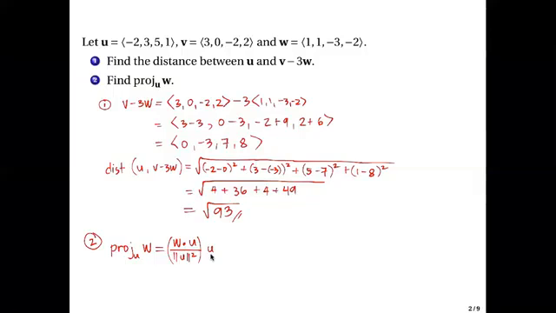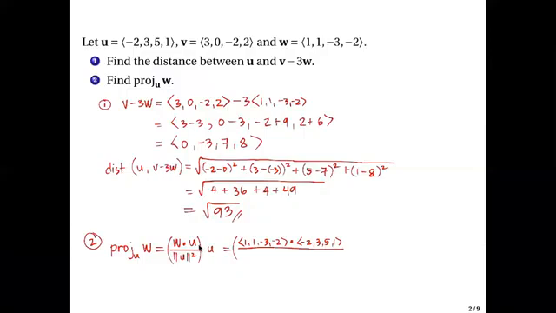So let's calculate this scalar. w dot u: w is again 1, 1, negative 3, negative 2, and then you dot this with u, negative 2, 3, 5, 1.